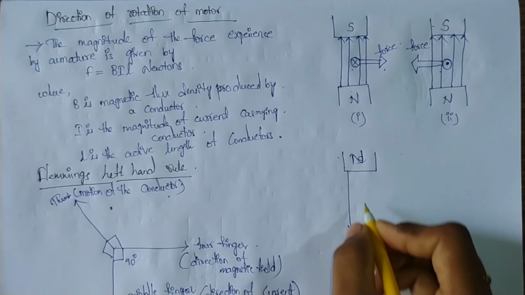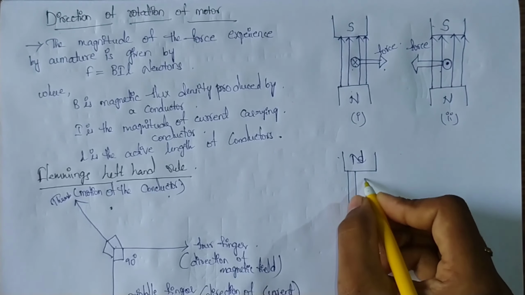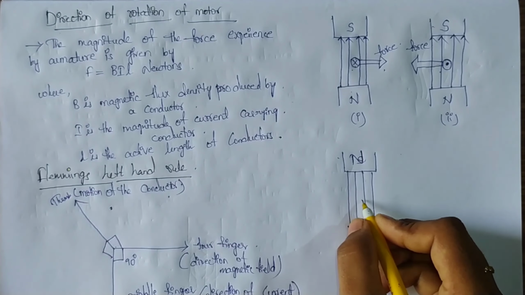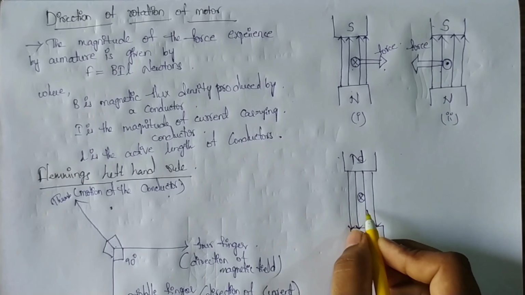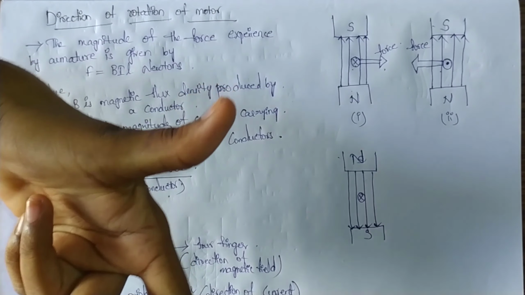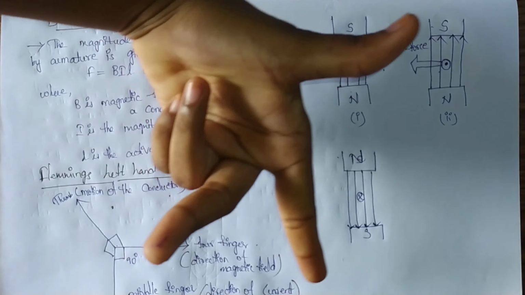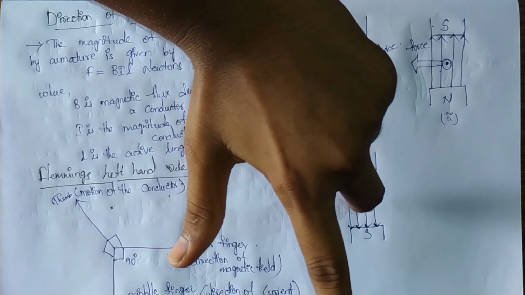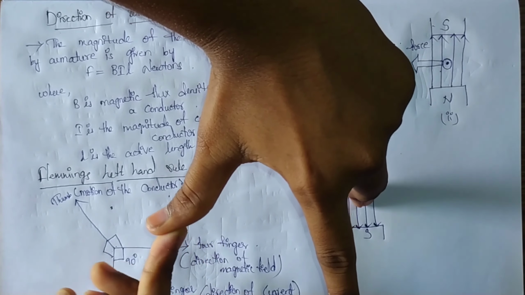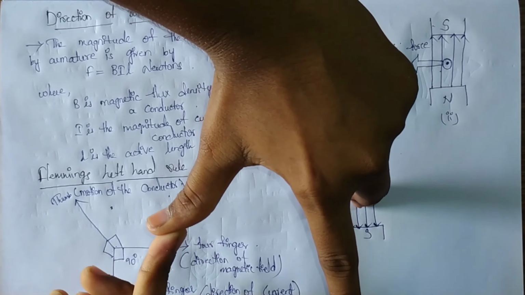The flux direction is from north to south, and here I am placing a conductor where the current is entering. Using Fleming's left hand rule, the current is inwards and the magnetic field is like this, and we get the force direction on the left side.